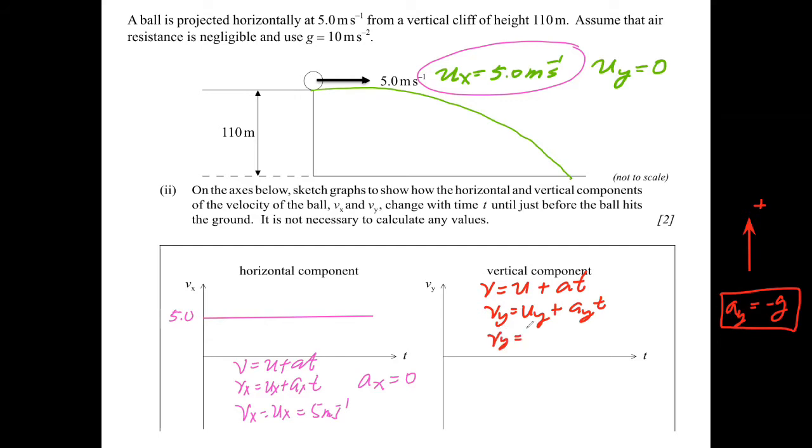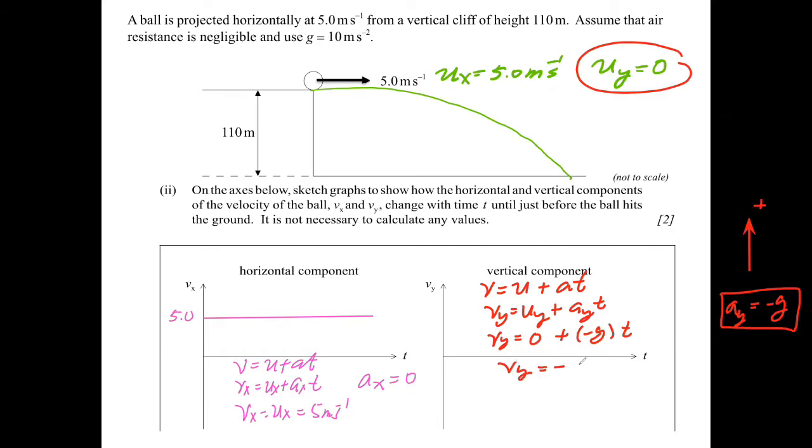Initial velocity in the y component equals 0 as the ball is traveling horizontally. So 0 plus minus gt, so Vy equals minus 9.81 t. And let us plot the graph. Initial velocity in the y component is 0 and the gradient is minus 9.81.